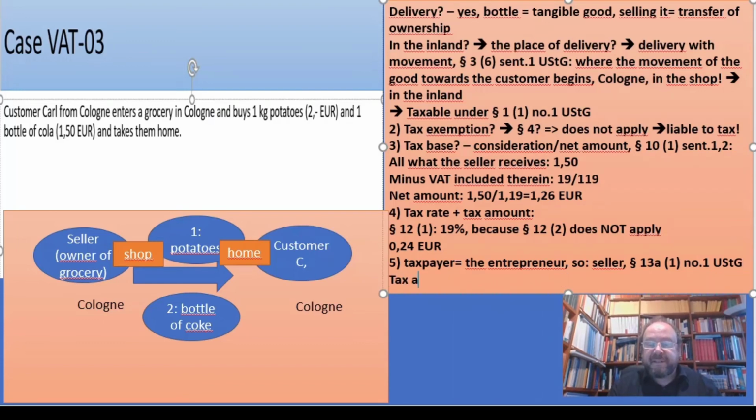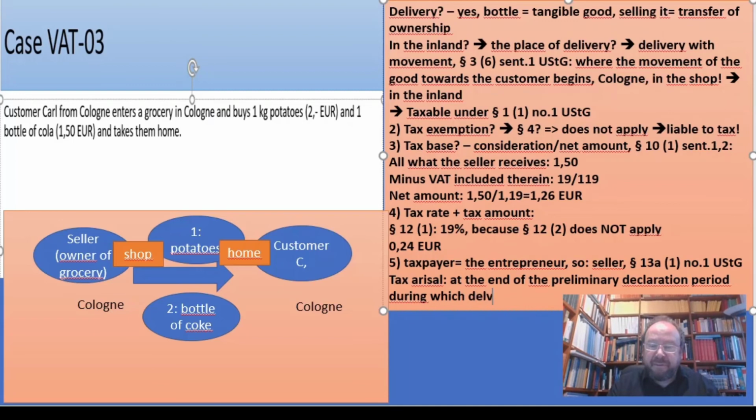We have the tax arisal at the end of the preliminary declaration period during which delivery was made. Here we have no data on that. The rule is 13.1, number 1 UStG.